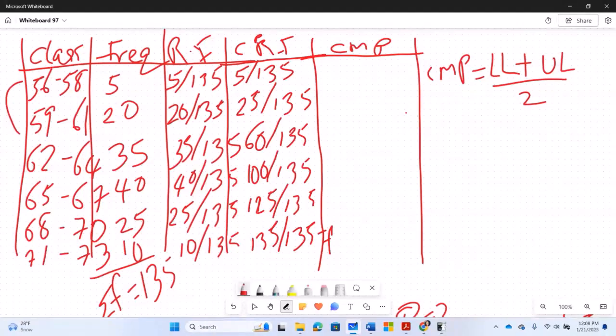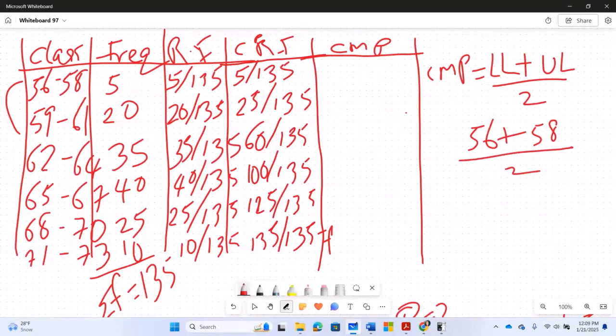And also remember that if you can calculate 2 class midpoints, you can continue by adding the class width to consecutive lower limits. Okay, so for the first class, I have 56 lower limit plus upper limit of 58 divided by 2.